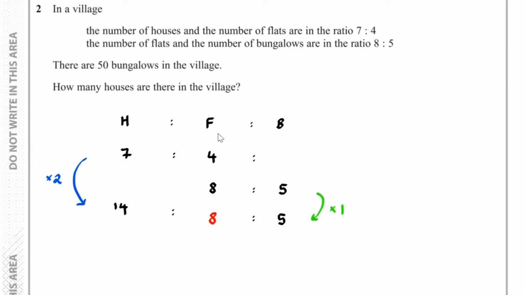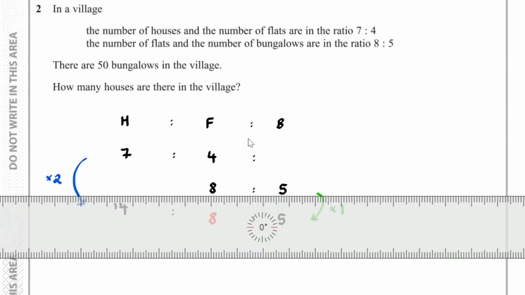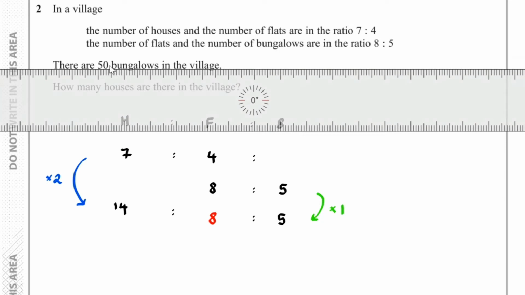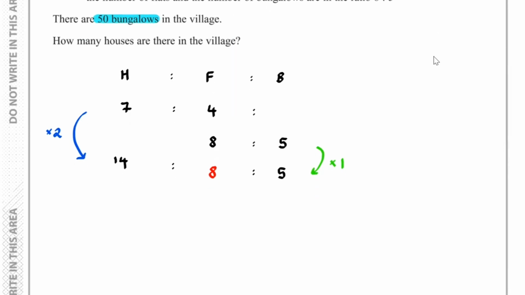And what we are told in this question is there are 50 bungalows in the village. So for bungalows, we have 50 of them. How do I go from the 5 to the 50?